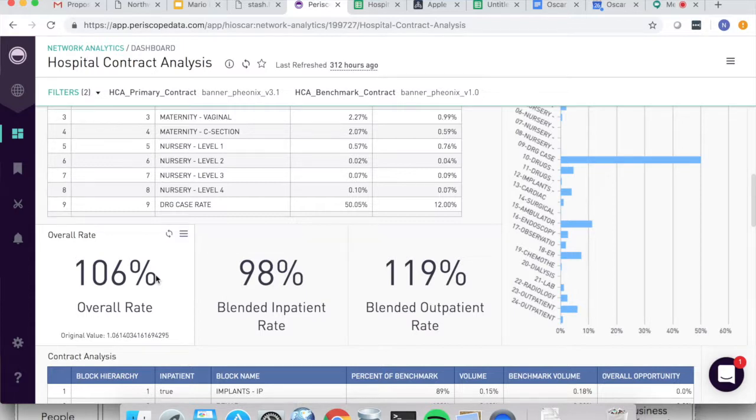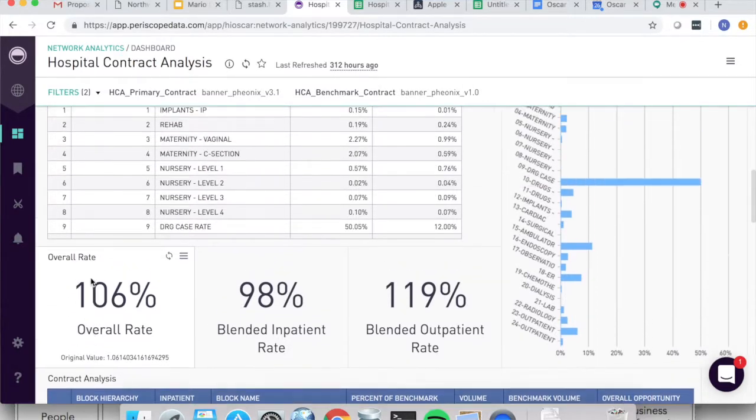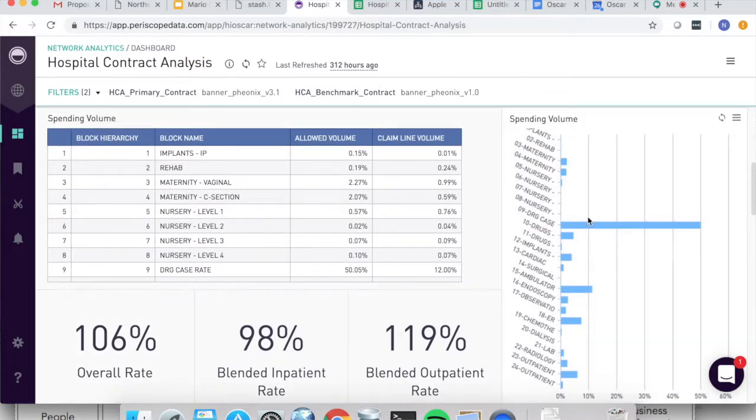And it'll tell you the inpatient rate went down, and the outpatient rate went up a good bit, so on a blended average rate, it's that. Then it will tell you the weights of each. So 50% of all the volumes are going through the DRG, 2.3% is going through maternity in this way, 2.1 is going through maternity C-sections, et cetera.